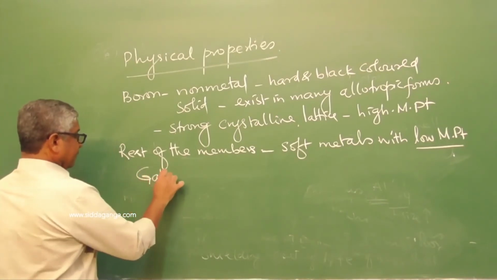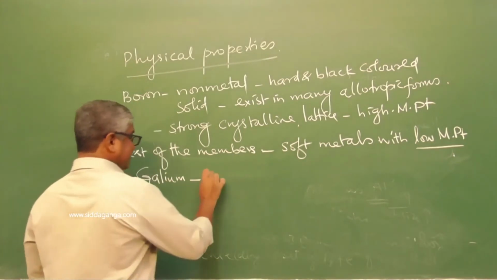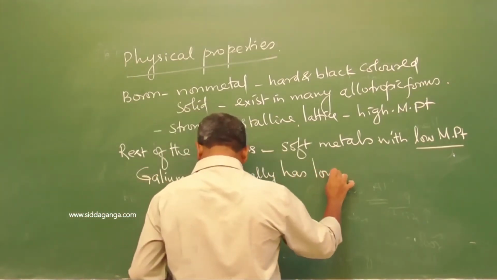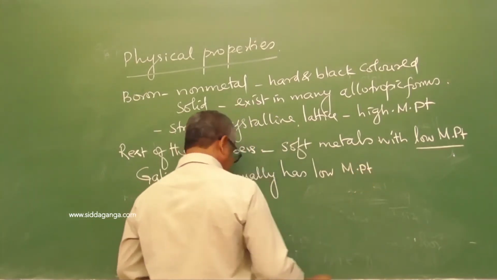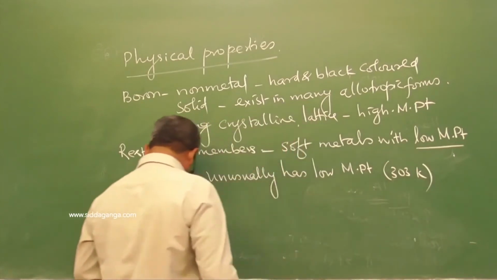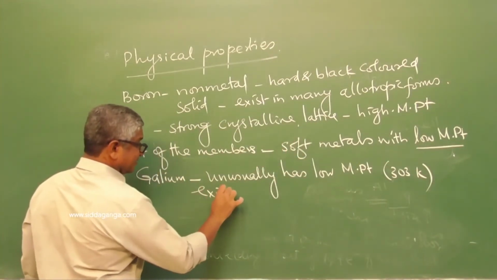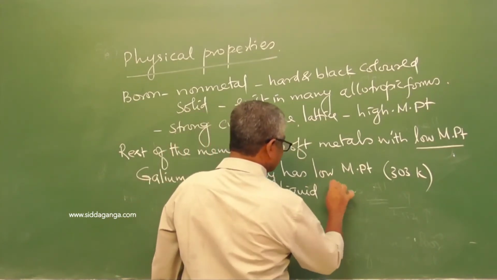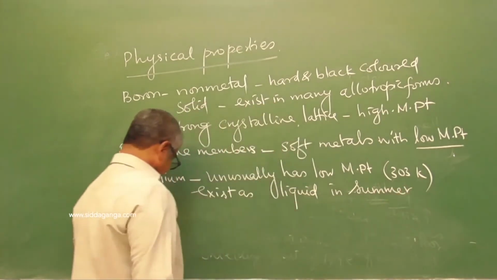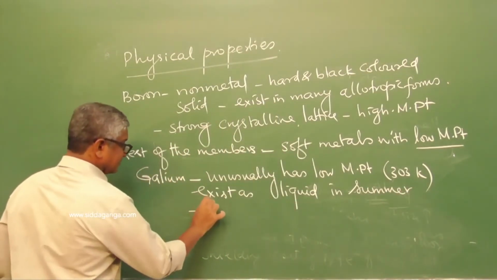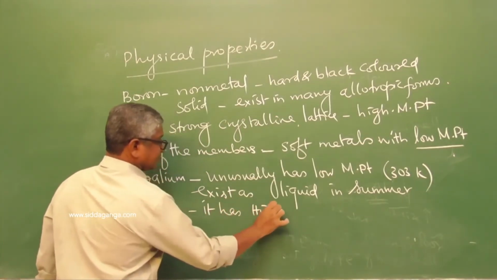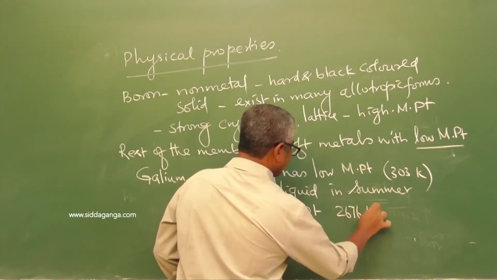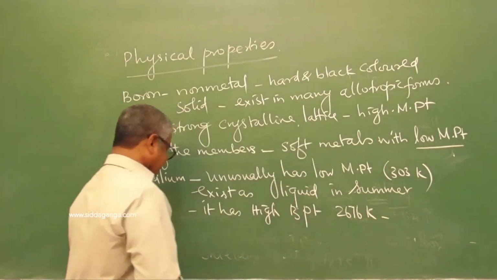Gallium unusually has a low melting point of about 303 Kelvin, and exists as a liquid in summer, but it has a high boiling point of 2676 Kelvin.